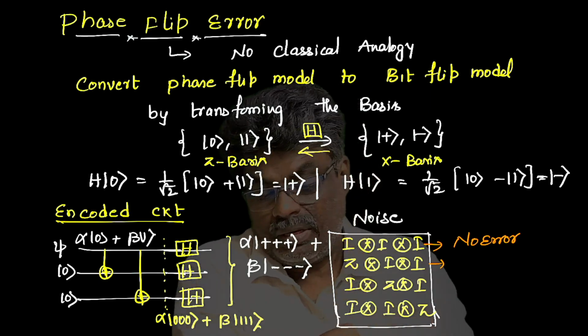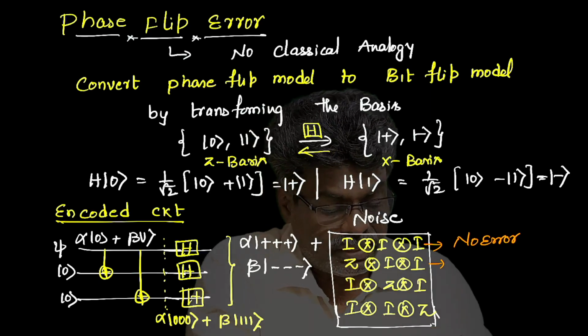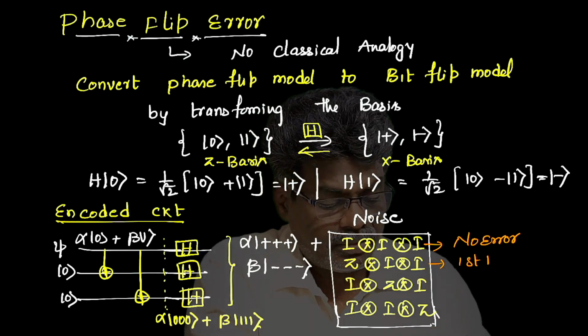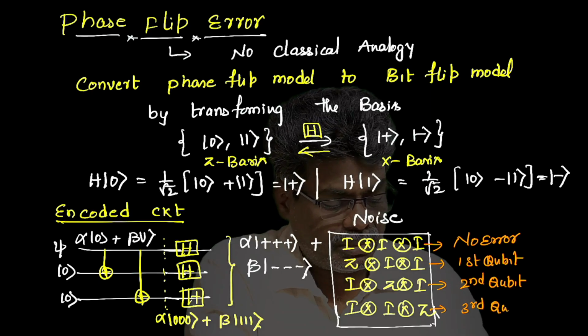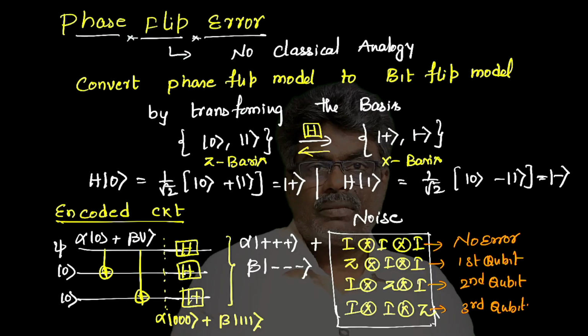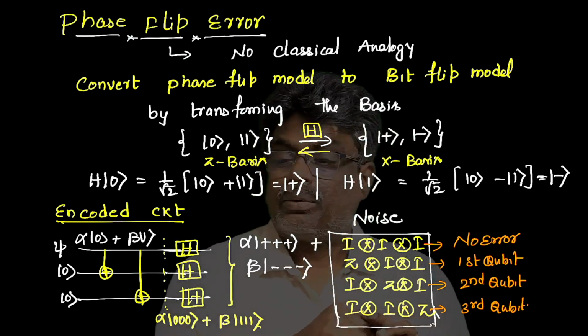The first qubit is having a phase flip, the second qubit is having a phase flip, and the third qubit is having a phase flip. So this is the encoded circuit.